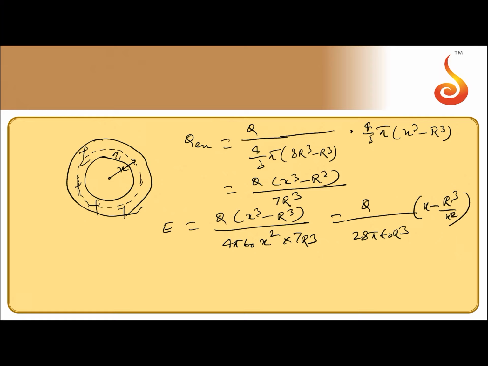Potential difference: suppose this point is P and this is the surface. So we can calculate Vp minus Vs. So Vp minus Vs will be equal to minus integral E dot dr, S to P. That is how we do it.